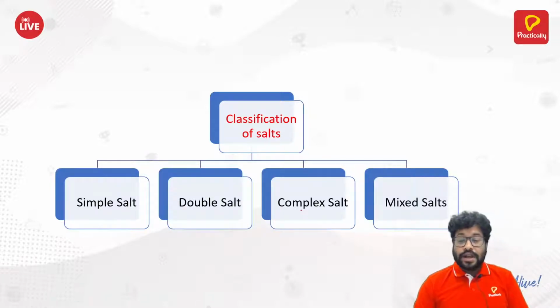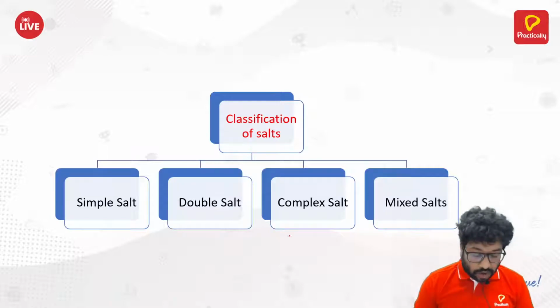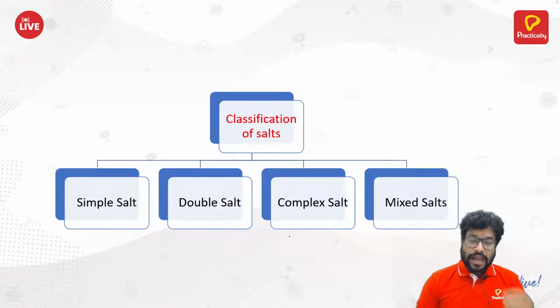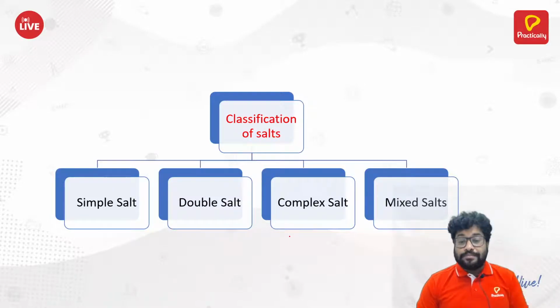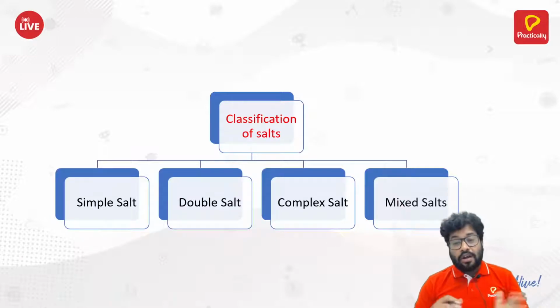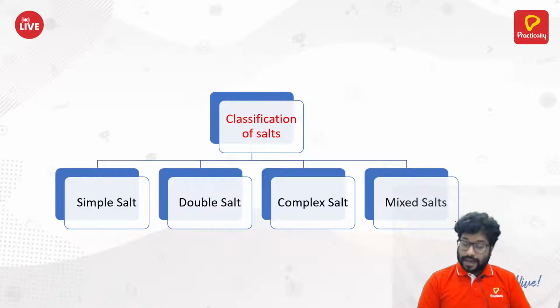Then you have complex salt, which is basically a complex mixture. And mixed salt again is a combination of 2 or 3 different types of salt. We are going to see all of that as we progress ahead.